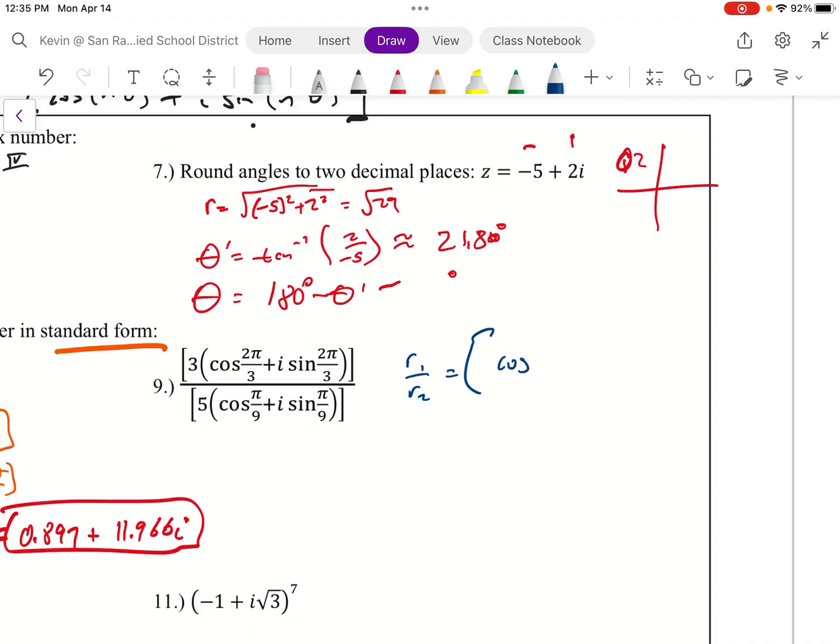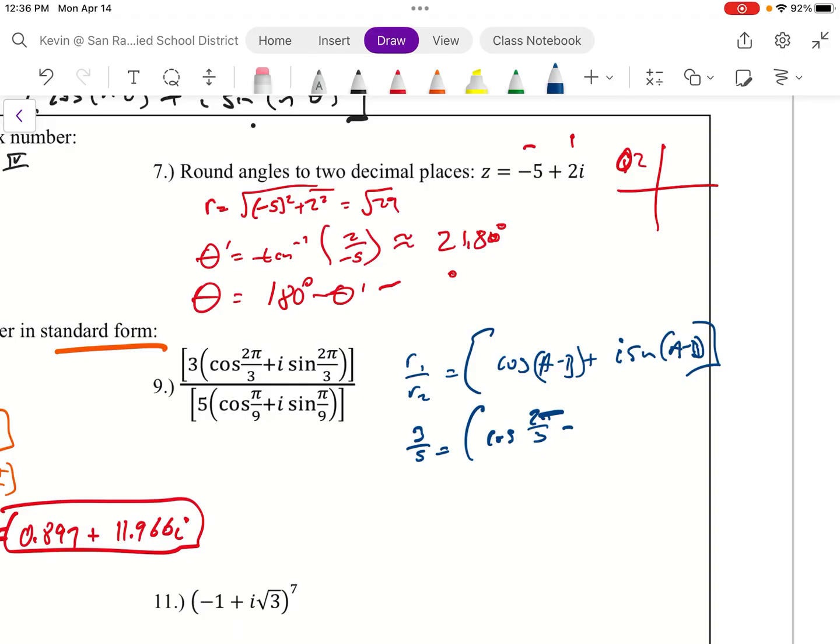So we have r over r, and then we're going to have cosine of a minus b plus i sine of a minus b. So 3 over 5.